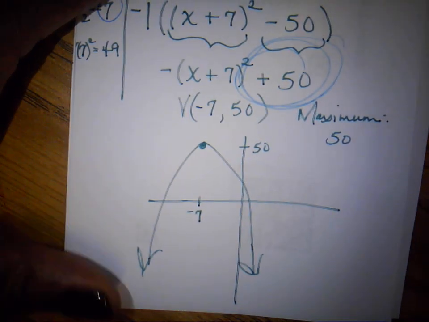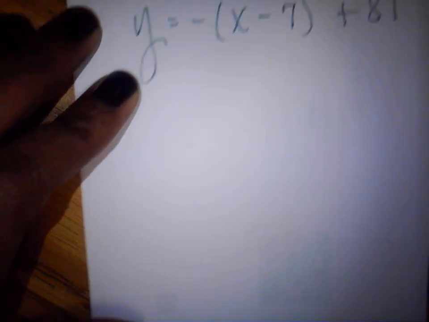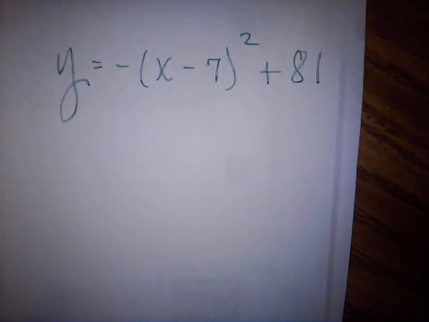If I gave you an equation, y'all, if I just said, okay, y equals negative the quantity x minus 7 squared plus 81. Oh, sorry. What is the minimum or maximum value of this quadratic?